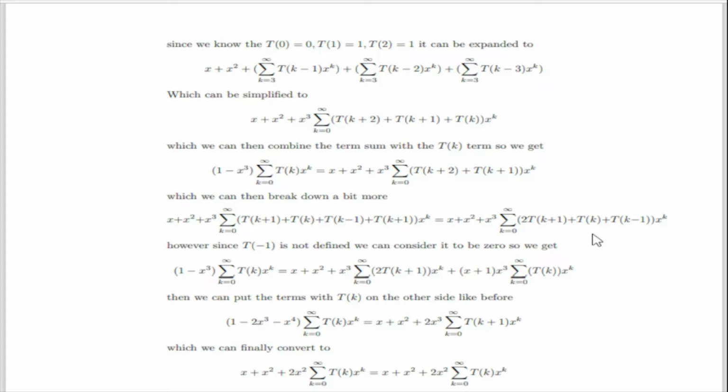However, since t of negative 1 is not defined, we can consider it to be 0. So we actually get this. This is what we had before up here, and then this is what we're actually finding. And that's because we have x plus 1. Where did that come from? Well, if we were to change this t of k minus 1 into t of k, we would have to do that by re-indexing, right?